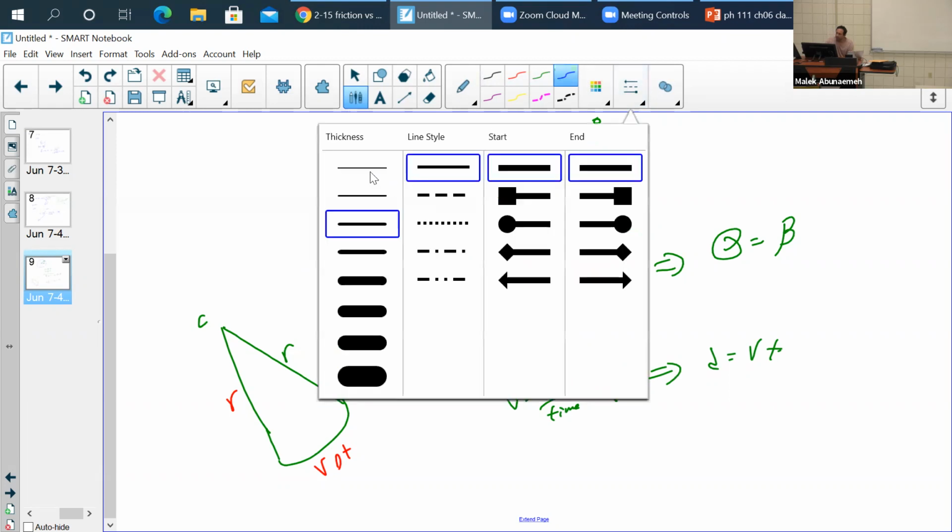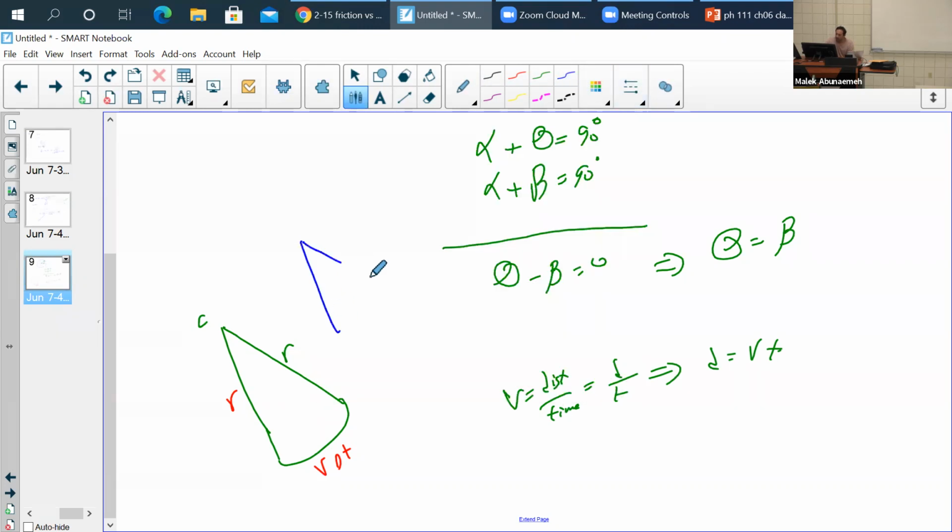Meanwhile, if you compare with a triangle that deals with the velocity, let's say this is your velocity v initial, and this is your velocity v final. So this is going to be your change in velocity.